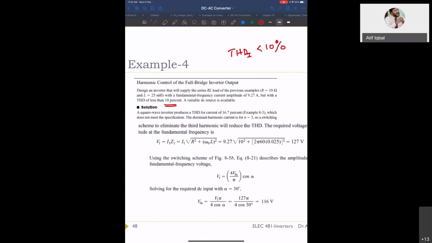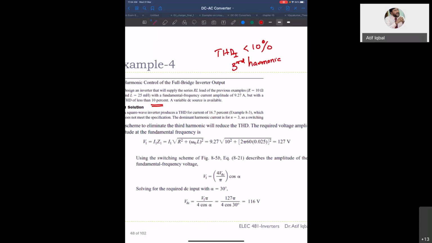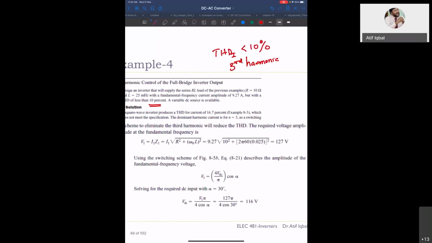We can achieve this by eliminating harmonics from the waveform, and the strongest harmonic in a waveform is the third harmonic. So we will eliminate the third harmonic. To eliminate the third harmonic, what should be the switching angle? The switching angle should be 30 degrees.